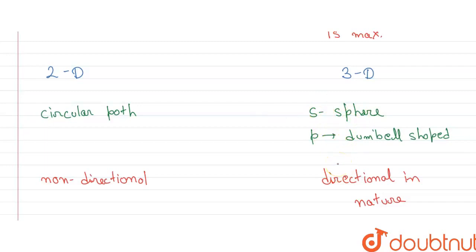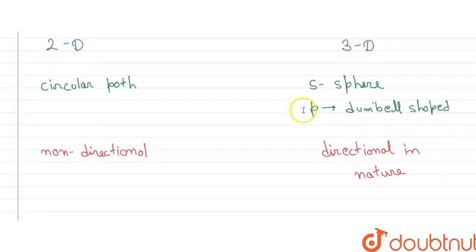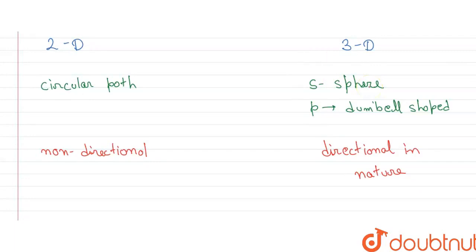Whereas in the case of orbitals, they are directional. A particular backside or front side has been defined for them. For example, let's say we have a p orbital, then it is dumbbell shaped, therefore it has two lobes. So electrons can be shared from one side of the lobe or from the other side of the lobe. So this is what directional means. But there is an exception in the case of s orbital.